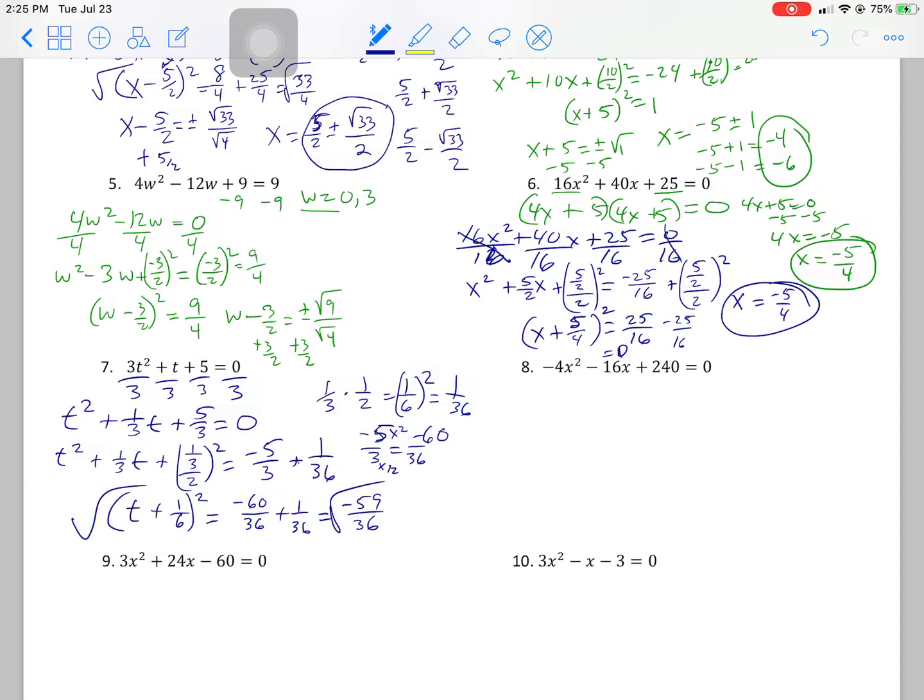So this is going to be t plus 1/6 equals the square root, plus or minus. Don't forget the plus or minus. Negative 59 over the square root of 36, which is a 6. All right, so this is going to be t equals negative 1 over 6 plus or minus square root of negative 59 over 6.